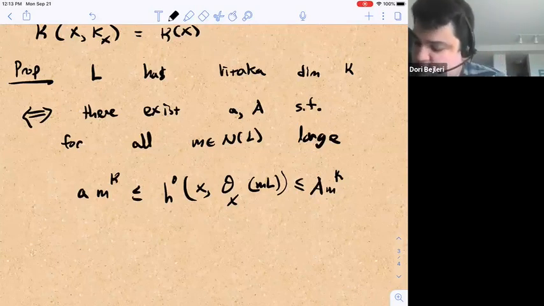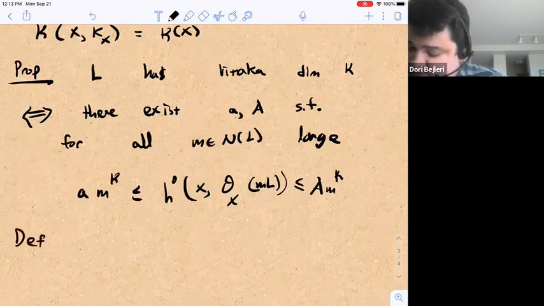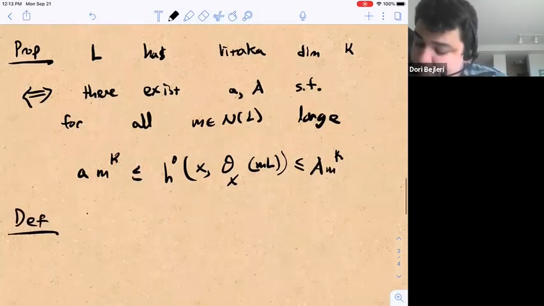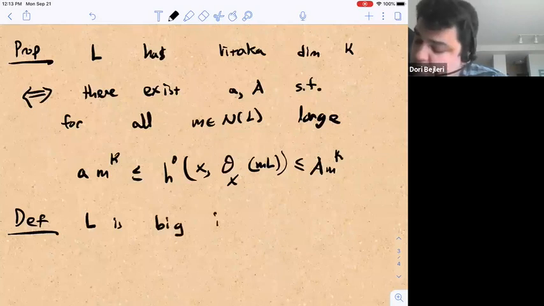Okay, and then I can define big divisors. L is big if this dimension is maximal.